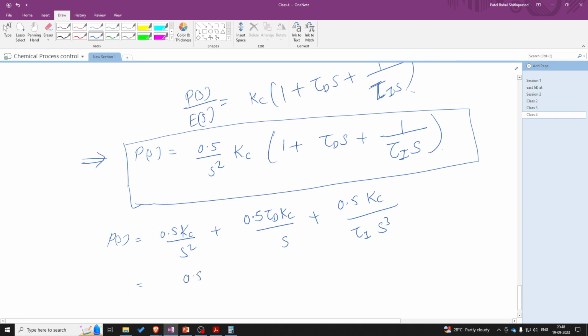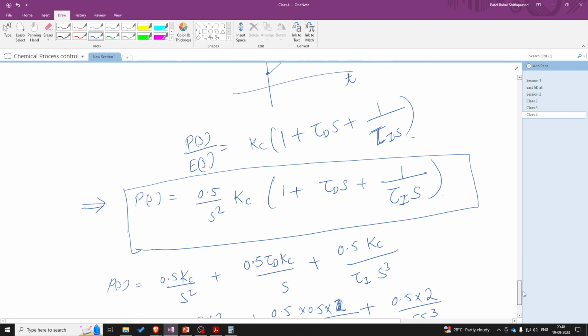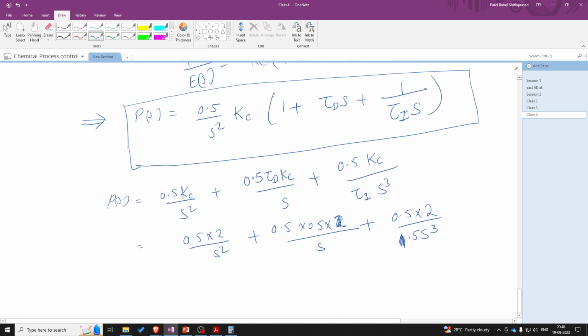It is 0.5 into 2 upon s square plus 0.5 into tau D, 0.5, into Kc, 2, upon s, plus 0.5 into Kc, again 2, upon tau I s cube, where the value of tau I is 1.5.